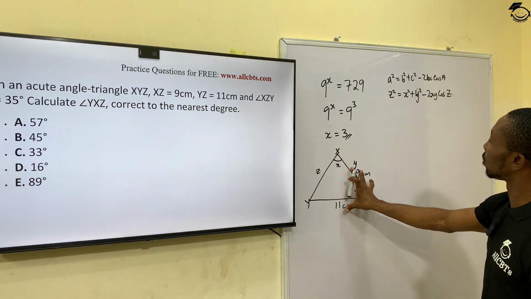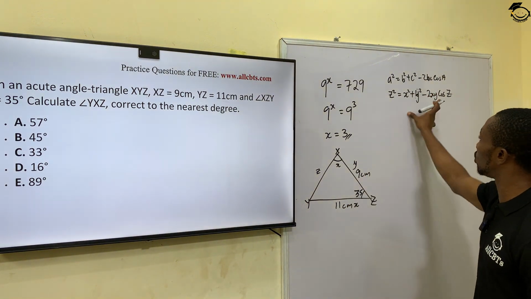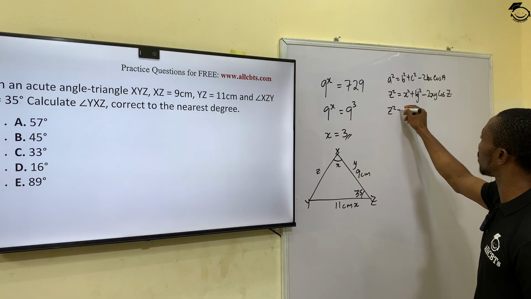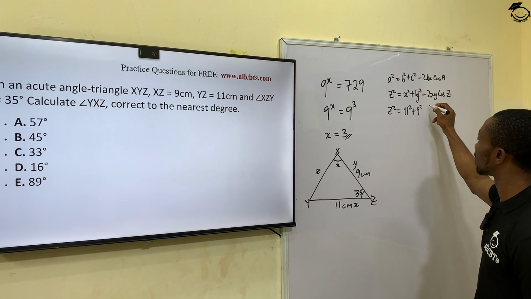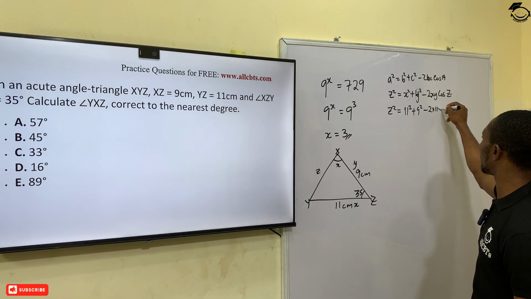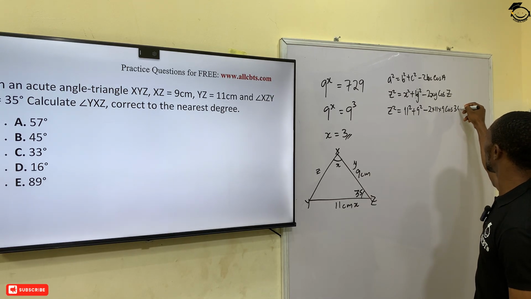Now, substituting our values here, we have z squared equals 11 squared plus 9 squared minus 2 times 11 times 9 cos 35.